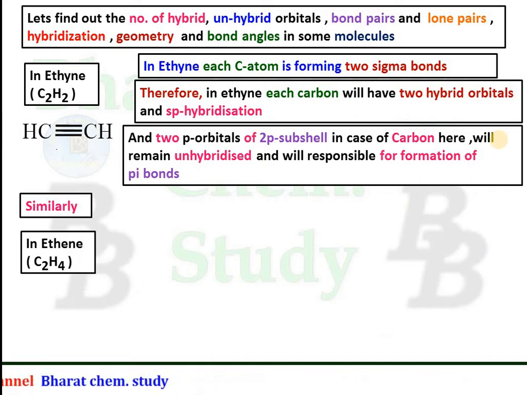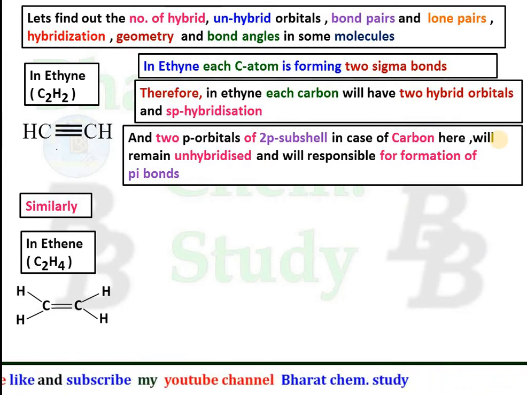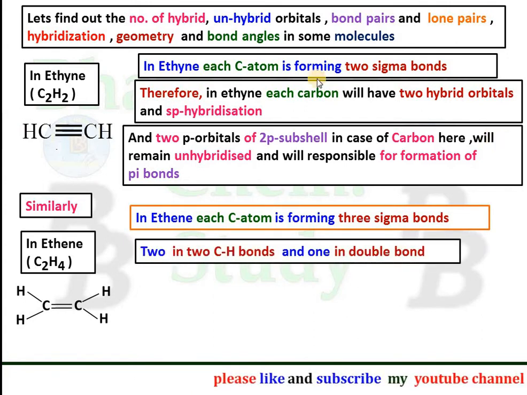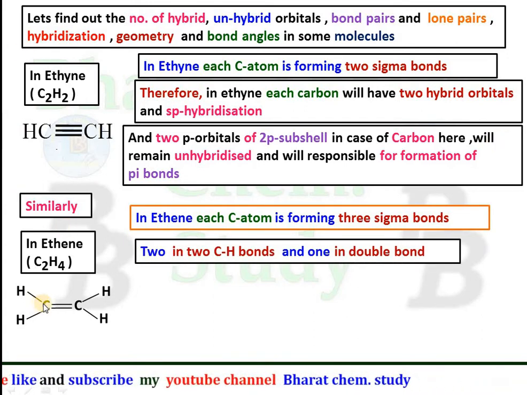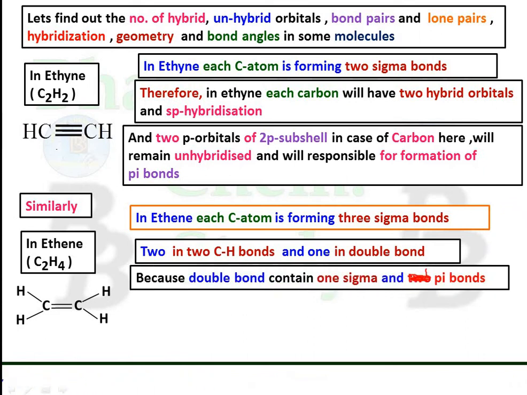Similarly, in ethene, having the formula C2H4, the structure of ethene can be represented like this. So it is clear from the structure of ethene that each carbon is forming 3 sigma bonds: 2 sigma bonds in the 2 CH single bonds, and 1 sigma bond in the double bond, and we know that a double bond always contains 1 sigma and 1 pi.